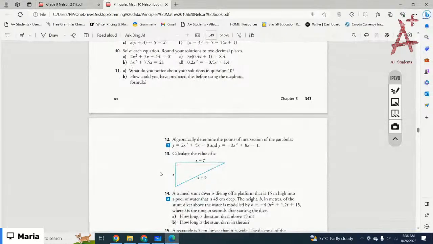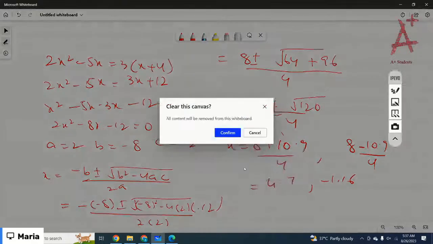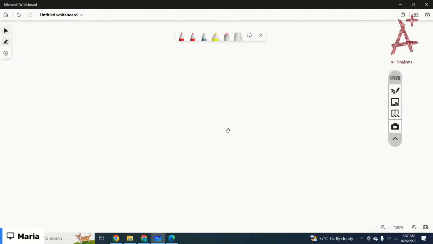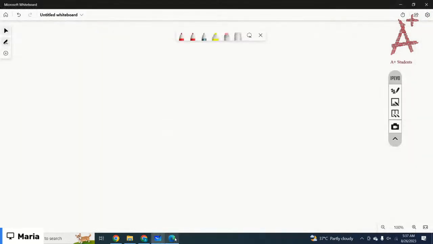Let's start with question number 10. 2x square plus 5x minus 14 equals 0. Solve each equation, writing your solution to two decimal places.